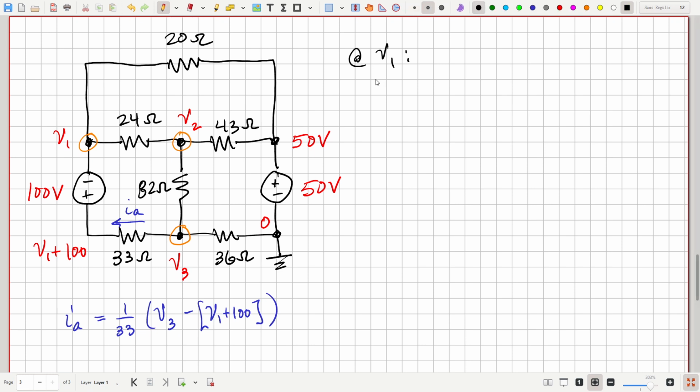So at V1, what would we have? We would have through the 24 ohm resistor V1 minus V2 over 24, because we're going this way. And then through the 20 ohm resistor, we'd have V1 minus 50 over 20.